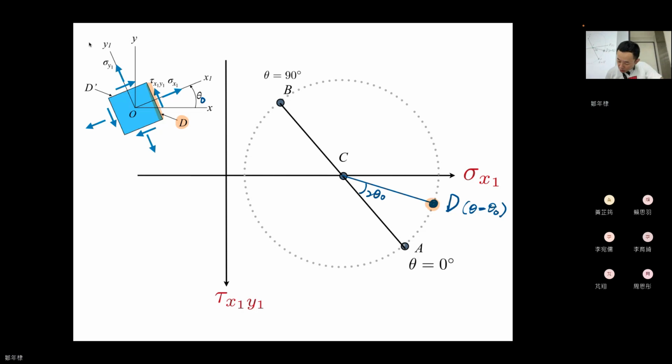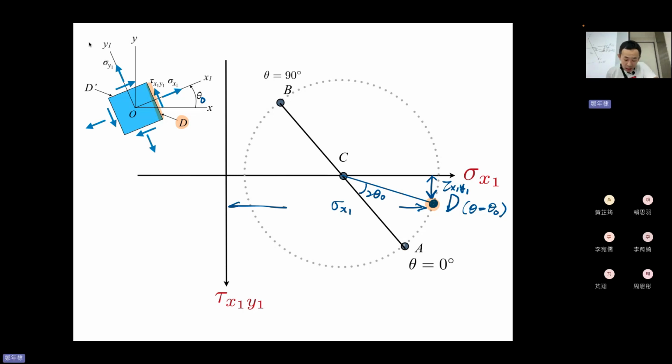Now, all you need to do is just get the coordinate of this D, and then you can get sigma x1, tau x1 y1. So this is what you want to get, sigma x1. And this is what you want to get, tau x1 y1. So now it transformed the stress problem into a triangle problem, a circle geometry problem. It will be really easy. Even a junior high school student can solve this problem, right?